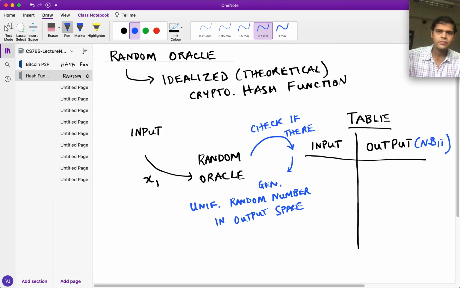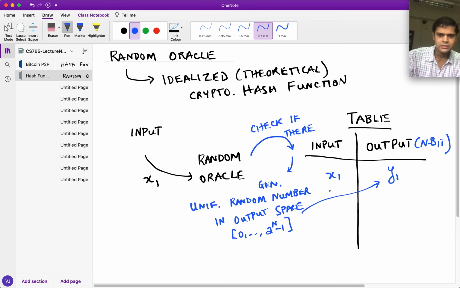Essentially we are throwing a random number, like a dice, which lands uniformly in the n-bit space. So it's a random number between 0 and 2 to the power of n minus 1. Let's say we get a particular output y1, which is the random number, and we put both of these in the table.